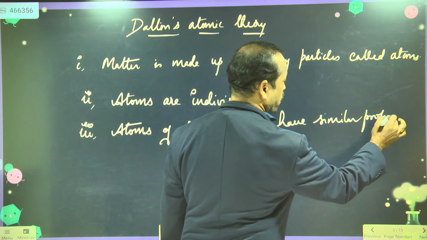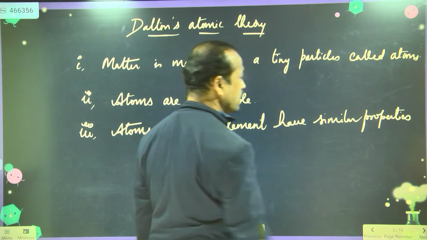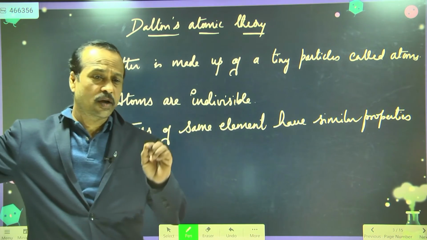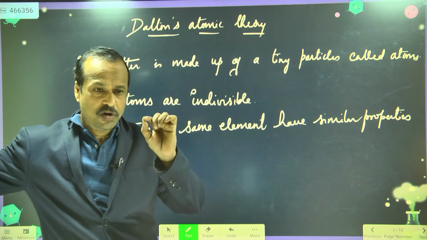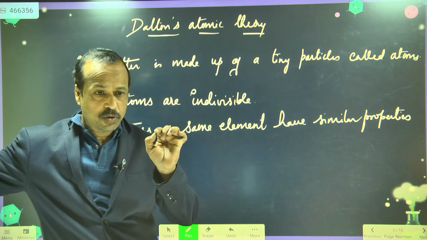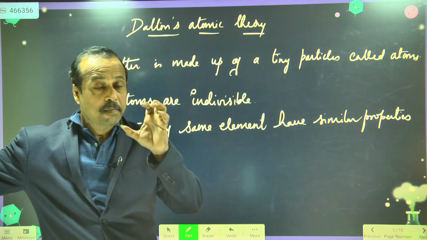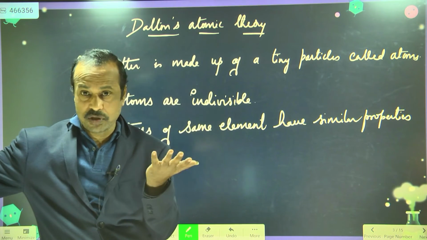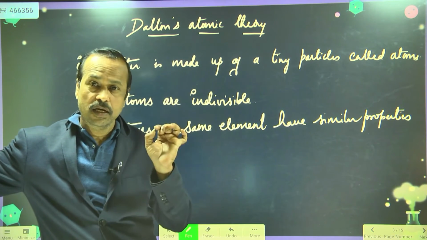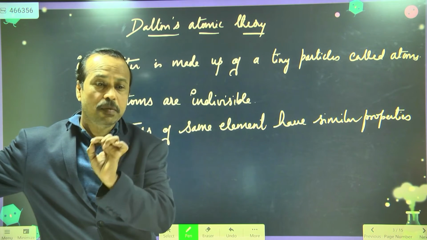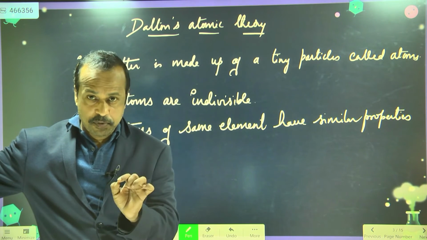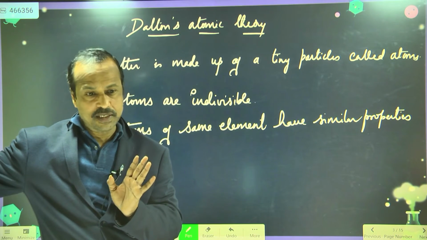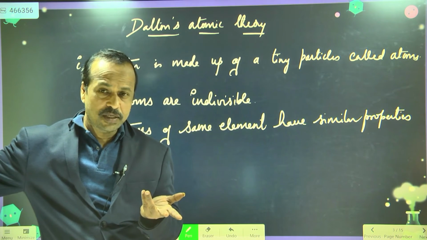The meaning is, for example, if you take a piece of copper, that piece of copper contains millions and trillions of atoms. Now from that, anywhere you take 2 or 3 copper atoms and check the properties, you'll observe that all copper atoms have similar properties. Yes or no? Because all are copper, they have the same properties.